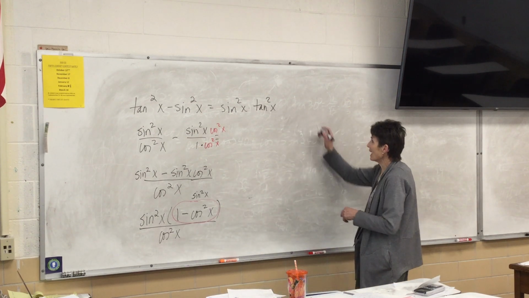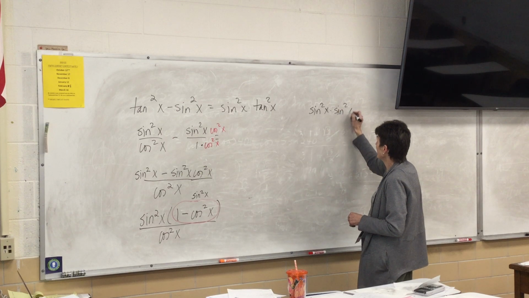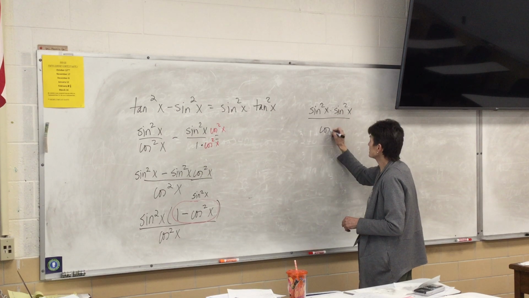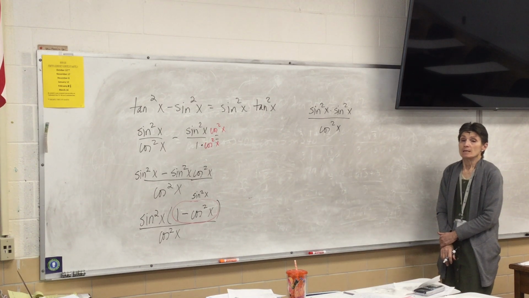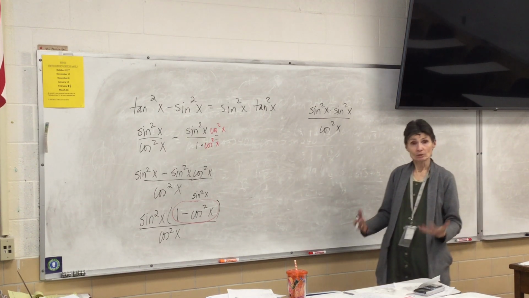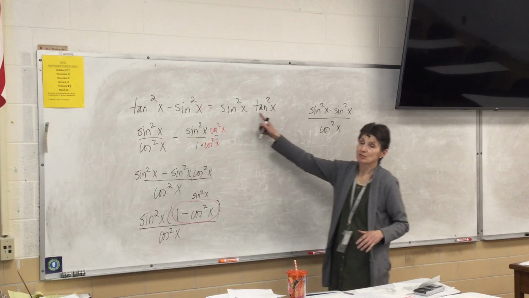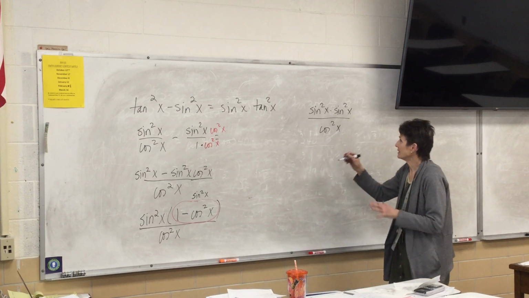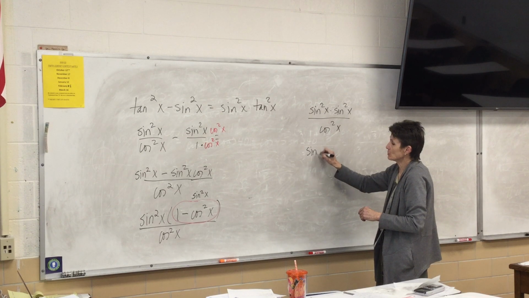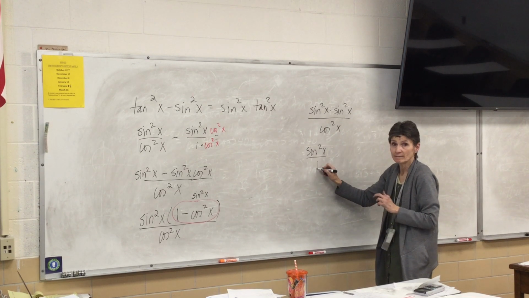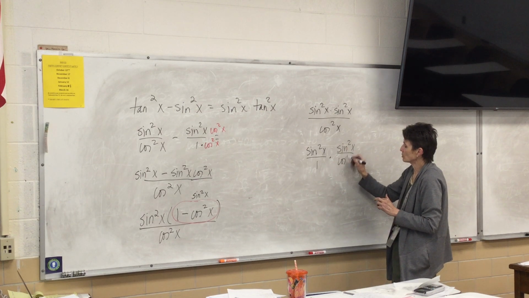So what I have now is sine squared times sine squared over cosine squared. Now your gut wants you to multiply those two sines together and get sine to the fourth. I don't. I need squares. So I'm going to split this and rewrite that as sine squared over 1 times sine squared over cosine squared.